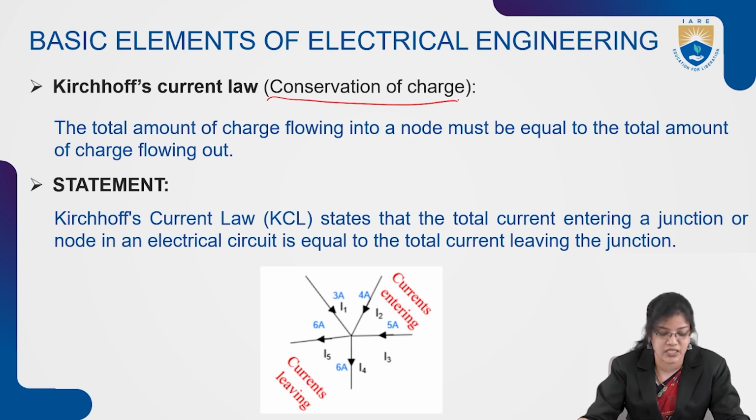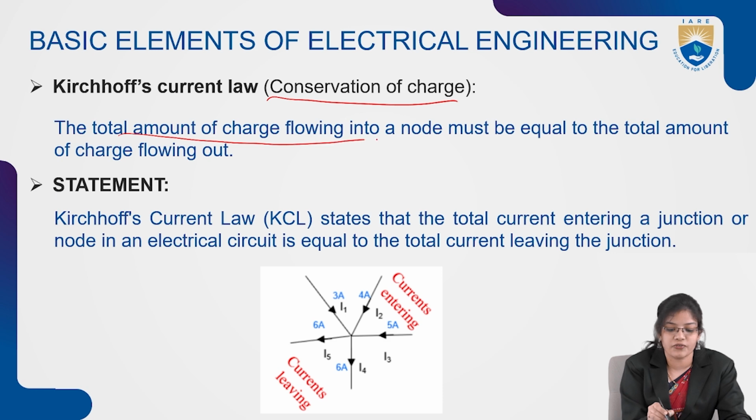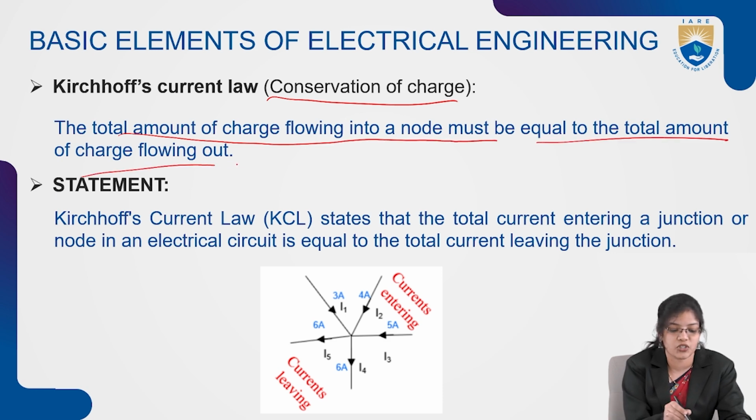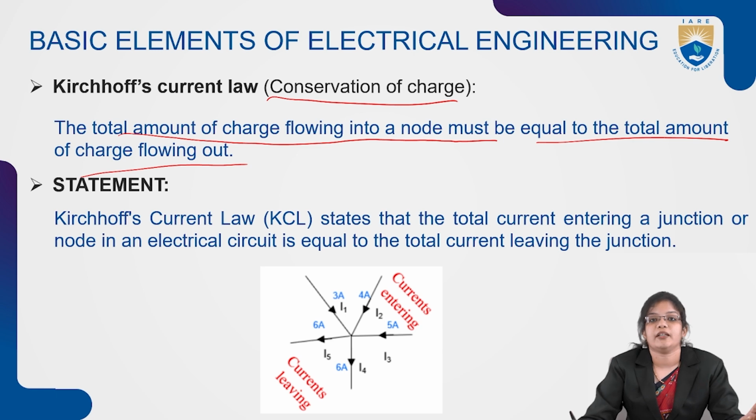Moving to Kirchhoff current law, it works based on the principle of conservation of charge. Conservation of charge means the total amount of charge flowing into a node must be equal to the total amount of charge flowing out of the node. That is, whatever current enters the junction must be equal to the current leaving the junction.